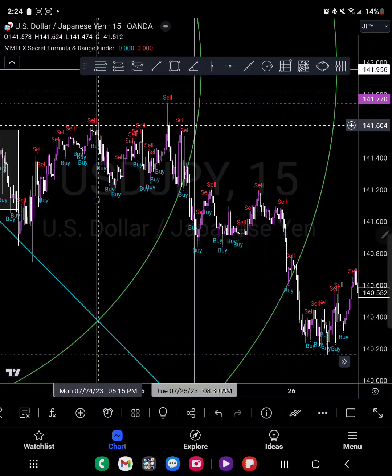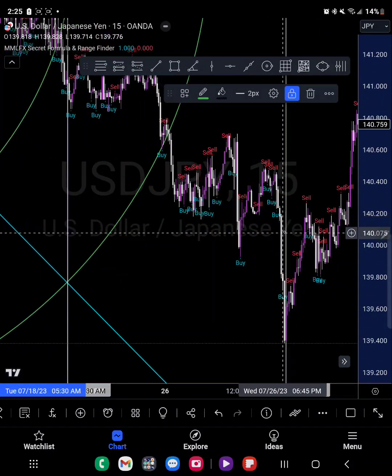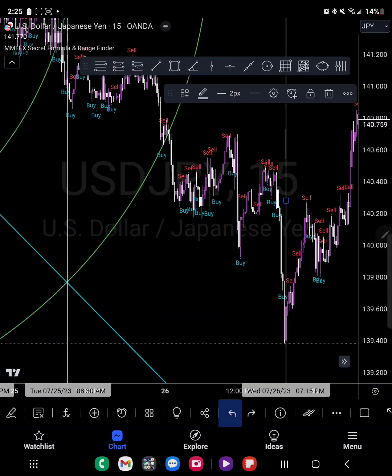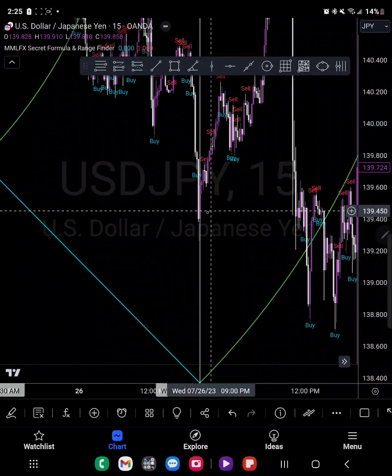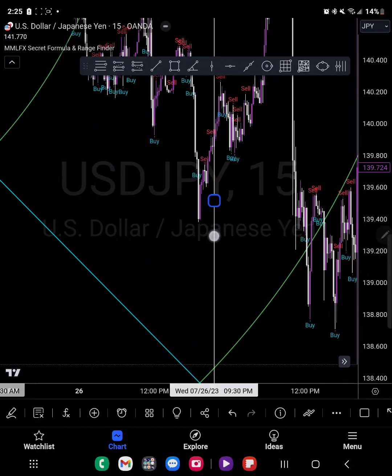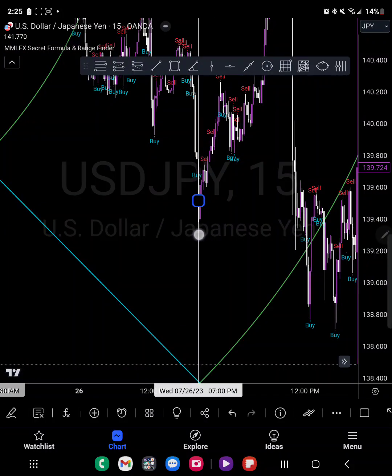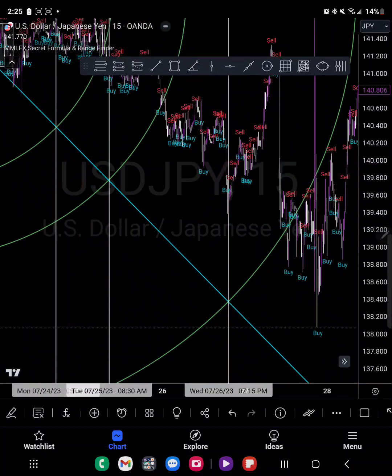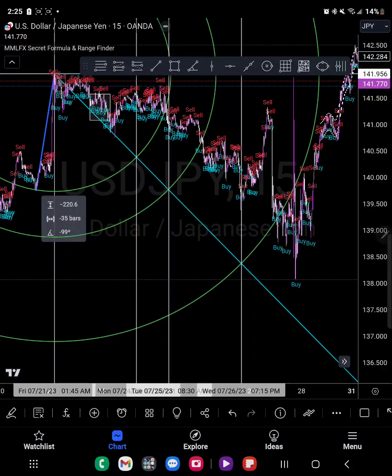This is an obvious sell, obvious buy, and an obvious buy down here. This was a phenomenal ping. It pinged a very good low. You could have gone off one here, or you could have bought in here at the close. Either way, it put you in great territory. These are ideal trades.